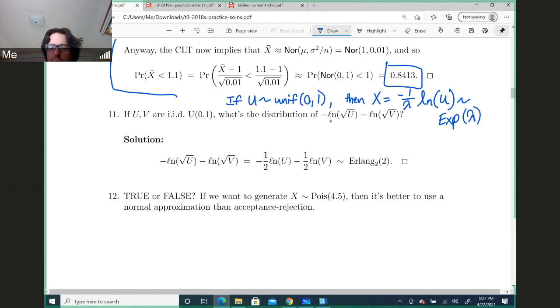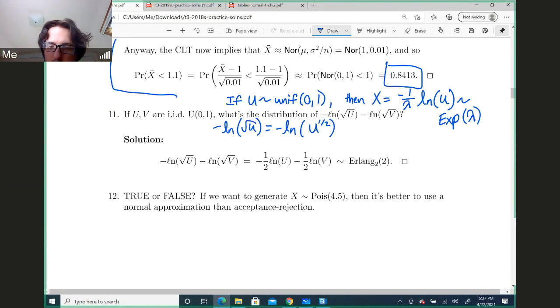It is kind of weird that we have the square root, though. But this is where you use your well-known natural log math skills. You know that natural log of square root of U is equal to natural log of U to the 1/2. That's basically just equivalent definition-wise.